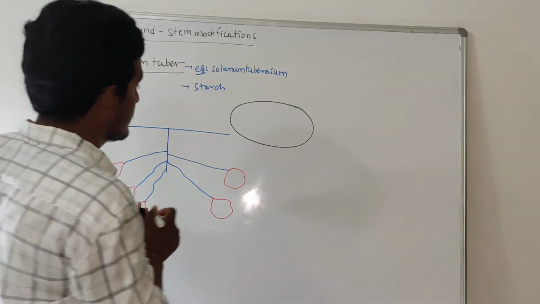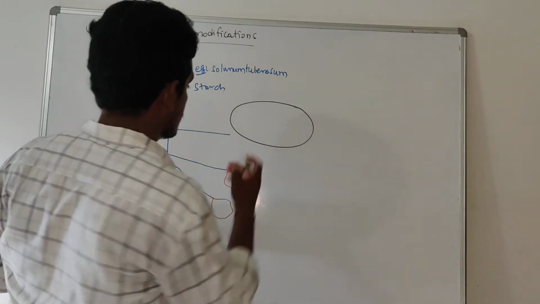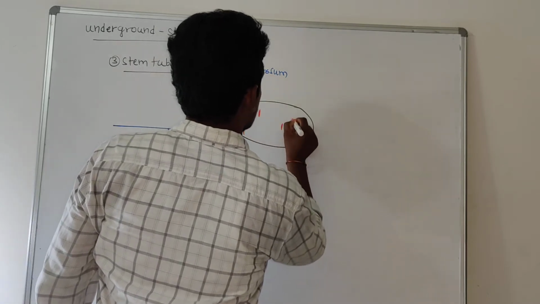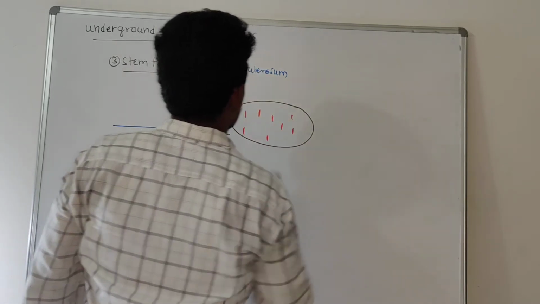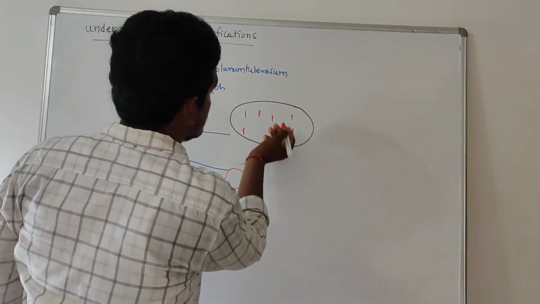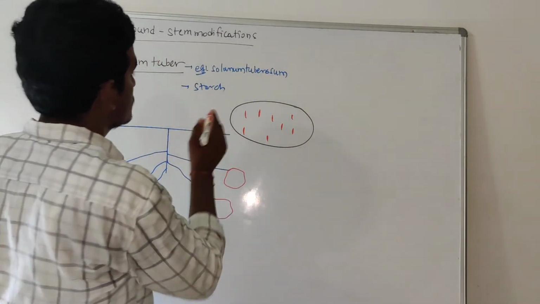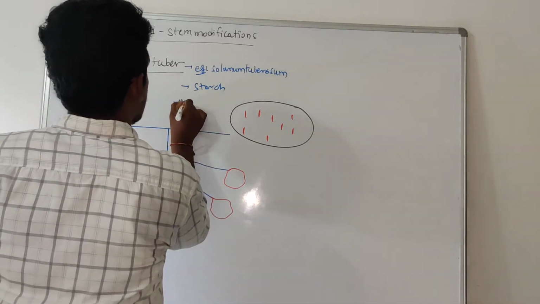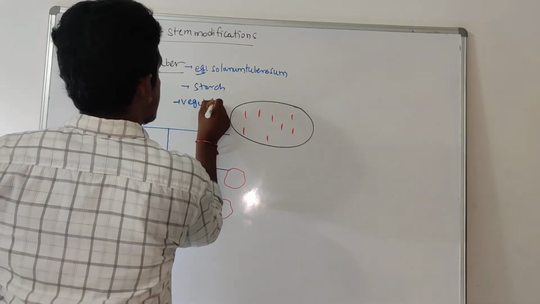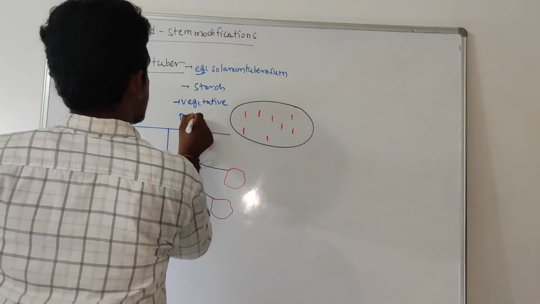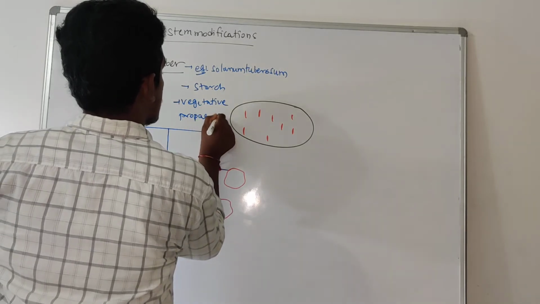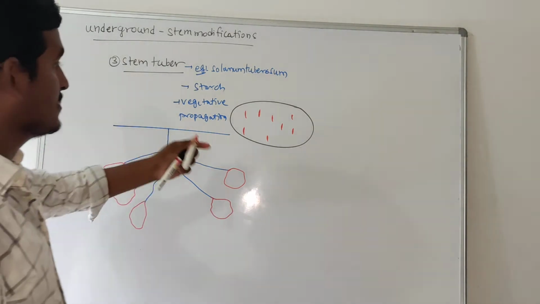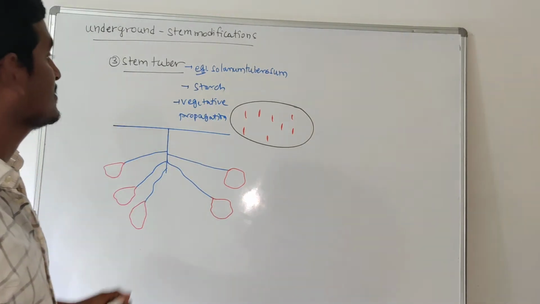It also has some eye-like structures, and along with that axillary buds, which help in vegetative propagation. If you separate this part and put it into the soil, later it will produce a new plant. So that is about stem tuber.